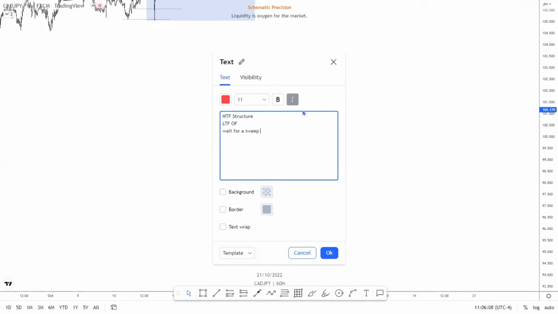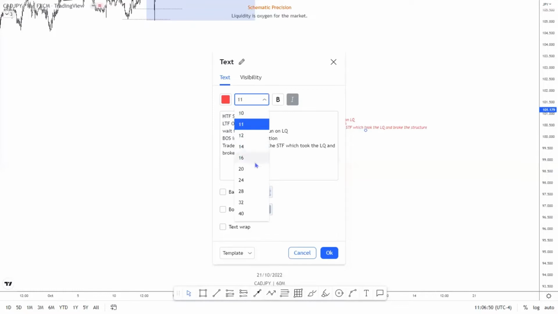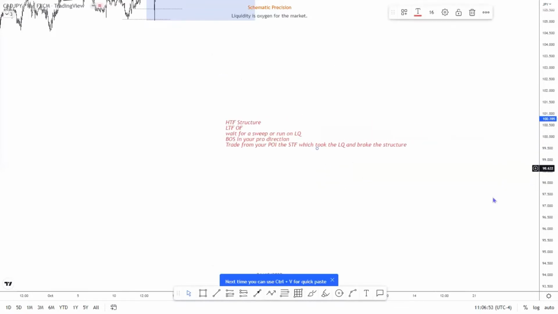Wait for a sweep or run on liquidity, then break of structure in your pro direction, then trade from your POI on the smaller time frame, which took the liquidity and broke the structure. So these should be your focus.